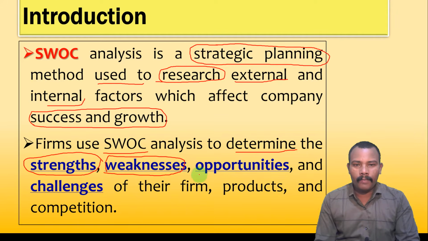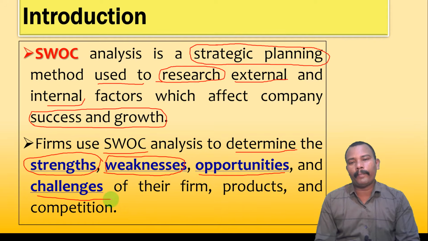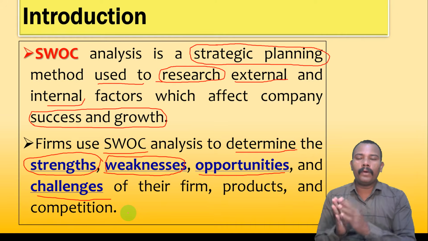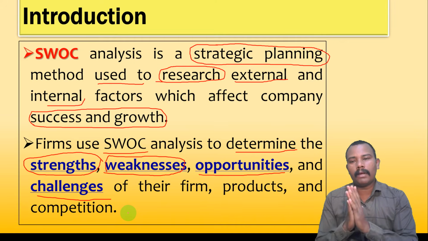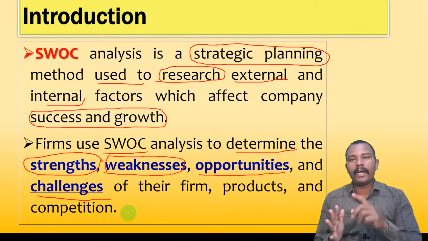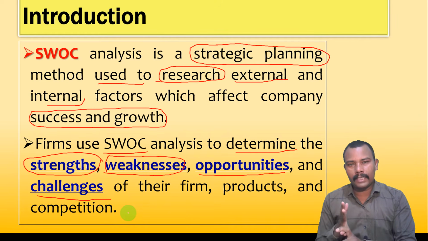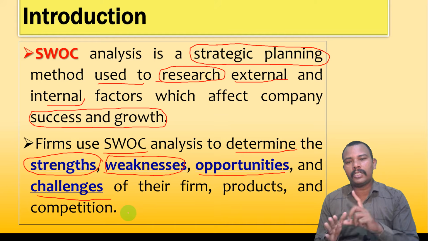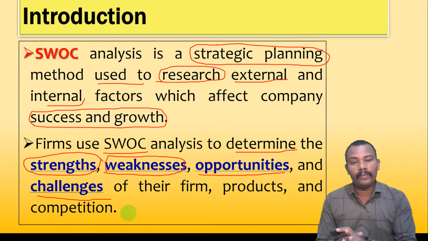O stands for opportunities, and the last one, C, stands for challenges of their firm, products and competition. So firms, meaning organizations and companies, use SWOC analysis to determine their strengths, their weaknesses, the opportunities, and the challenges of their firm, or maybe products, or maybe competition.